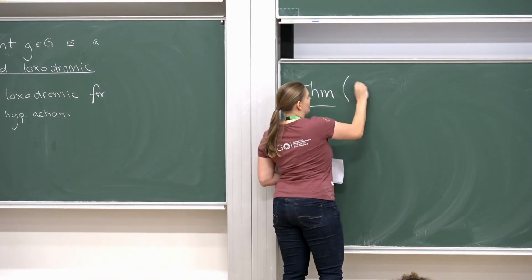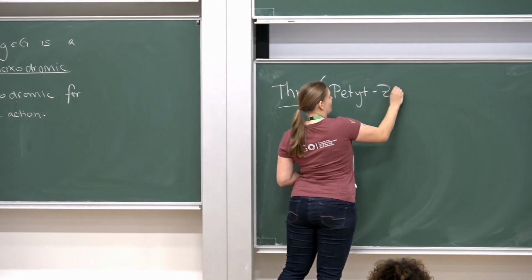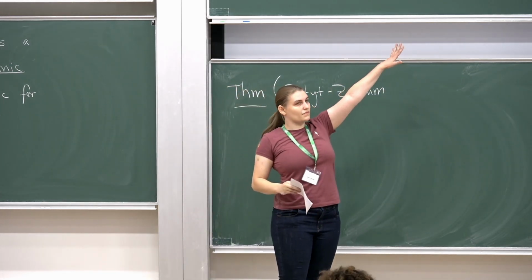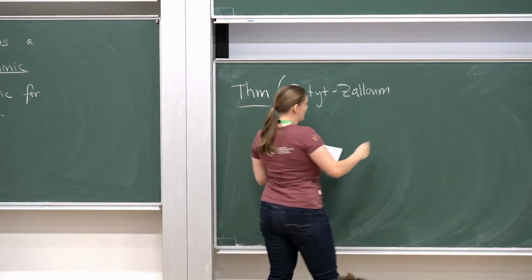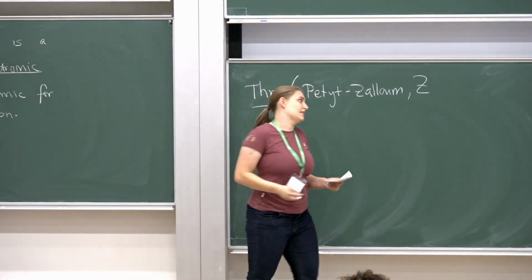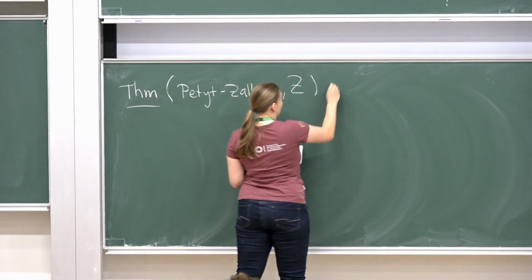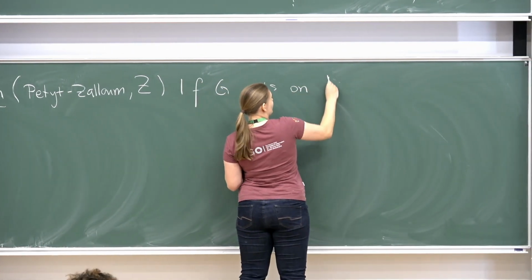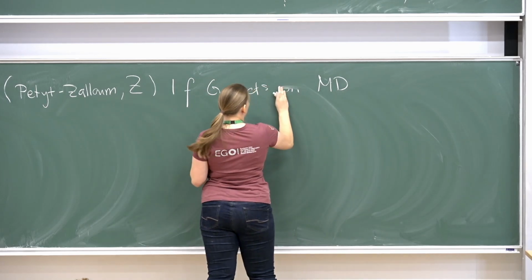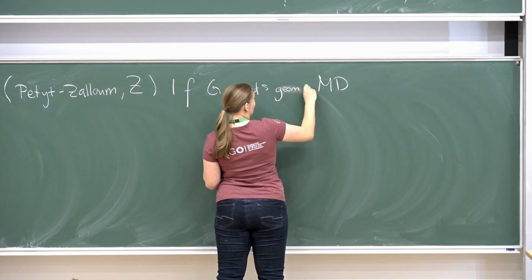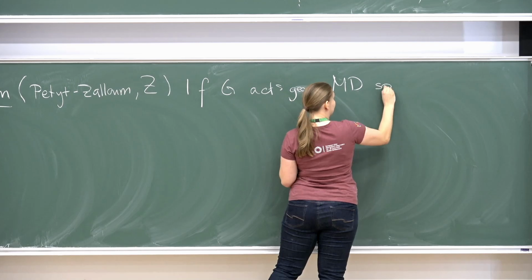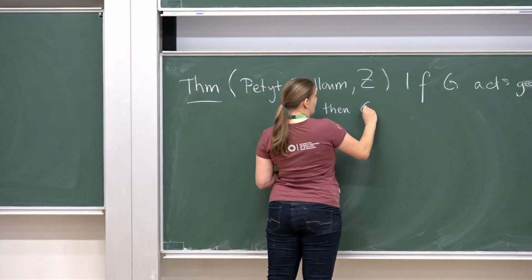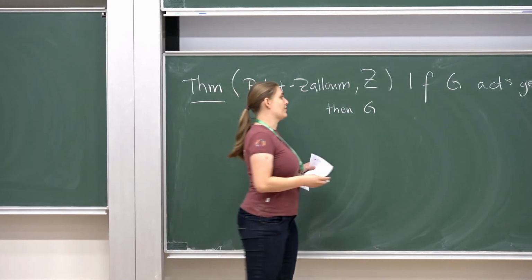So this was proved both by Petyt and Zalloum, by generalizing their result for CAT(0) spaces, and by me independently and simultaneously. It says, if G acts geometrically on a Morse dichotomous space, then G admits a universal WPD action.